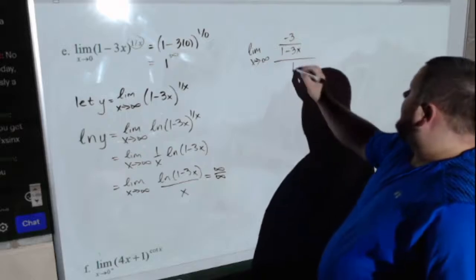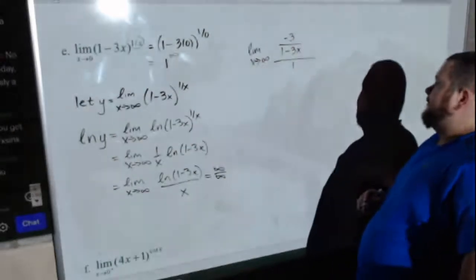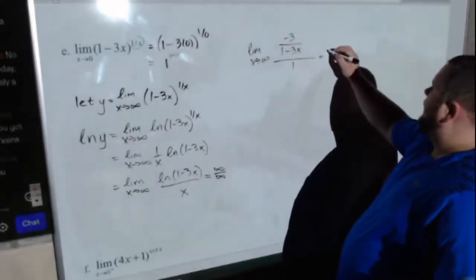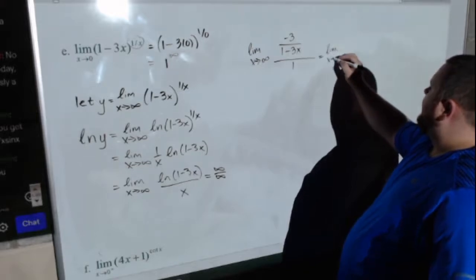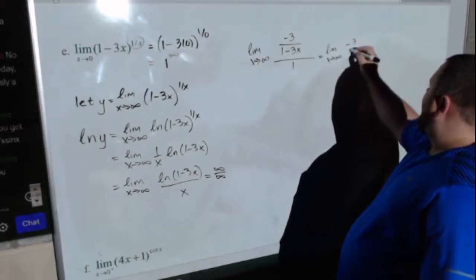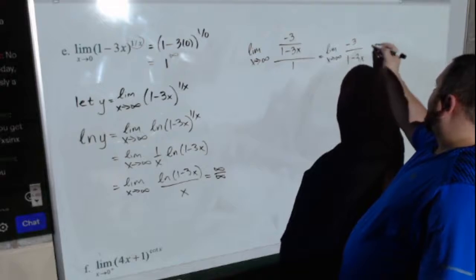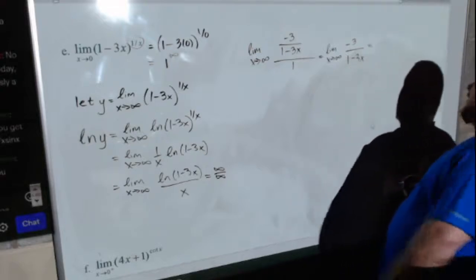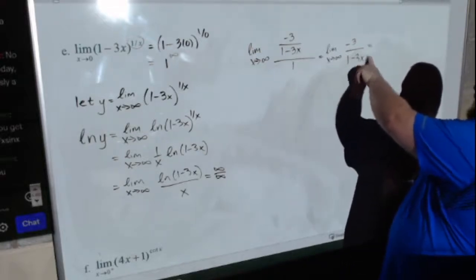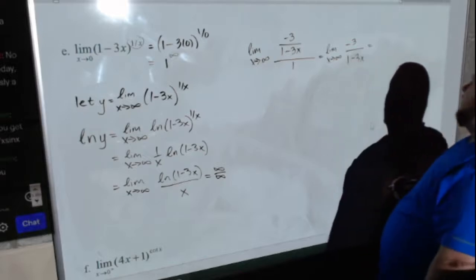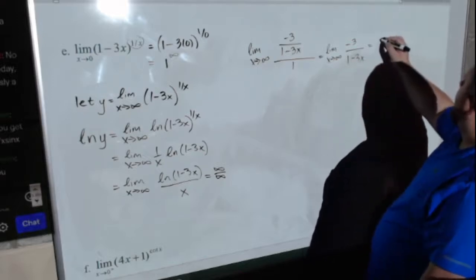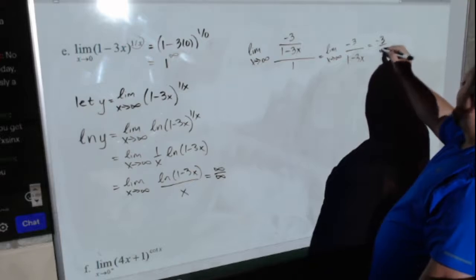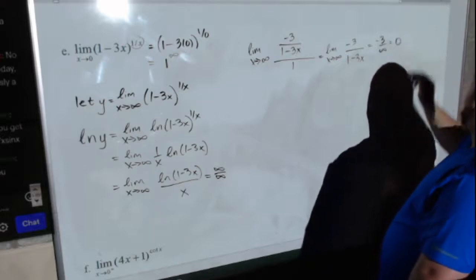Differentiating x, that's just 1. So now I need the limit as x approaches infinity of negative 3 over 1 minus 3x. Substituting infinity in down here, the bottom is approximately infinity, so I have negative 3 over infinity, which heads towards 0.